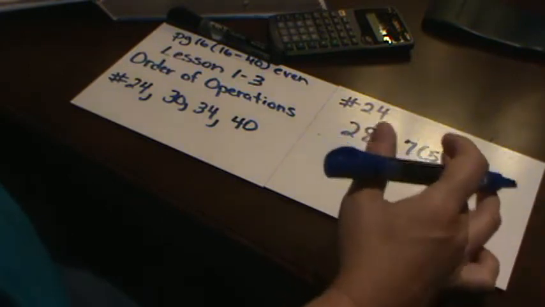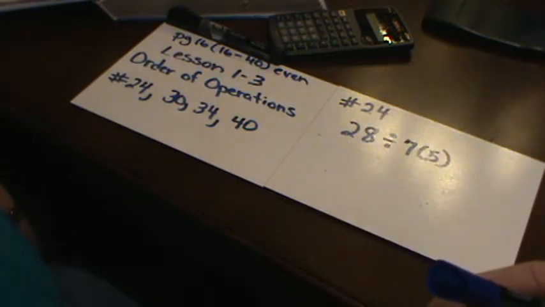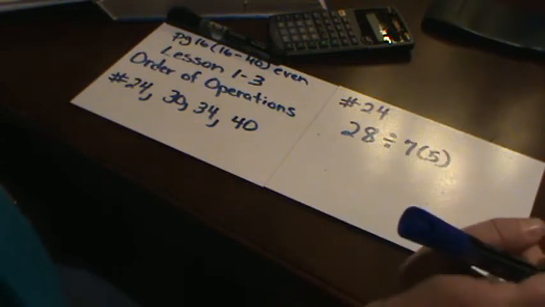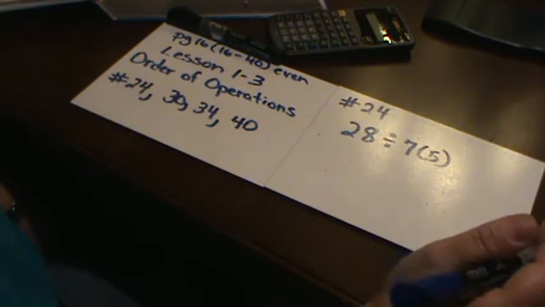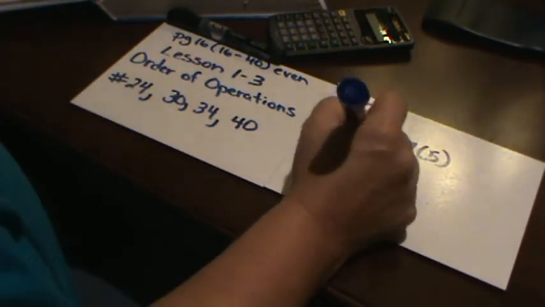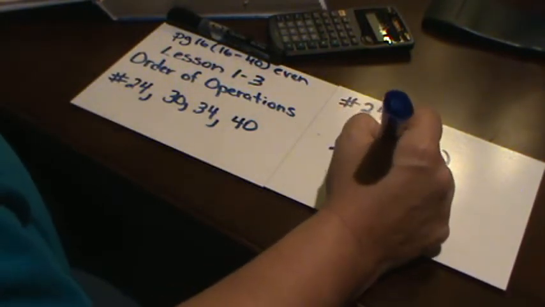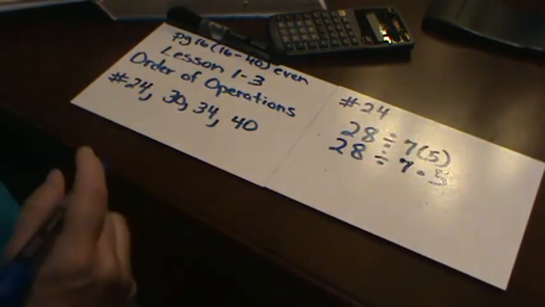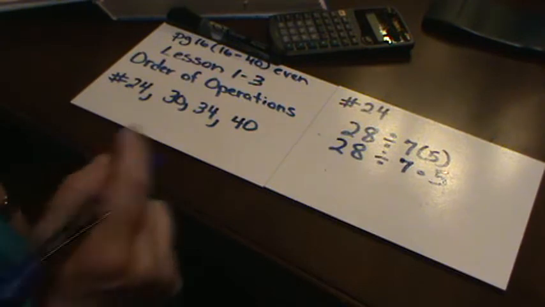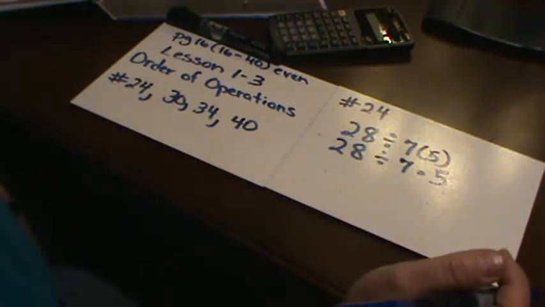But everything is solved within that parentheses. And this parentheses is really simply multiplication now. So I could actually rewrite the problem 28 divided by 7 and then put a dot 5. That might make it easier for you to understand.